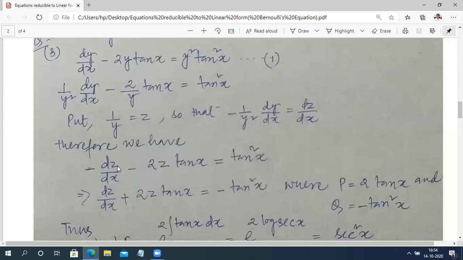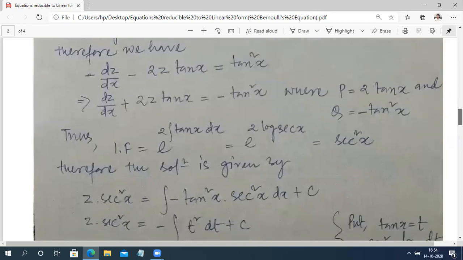Now make this into the standard form of linear differential equation, that is dz by dx plus 2z tan x is equal to minus of tan square x, where p and q are functions of x only, and the value of p is 2 tan x, and the value of q is minus of tan square x. So find the integrating factor.